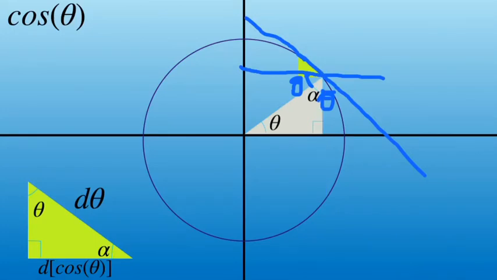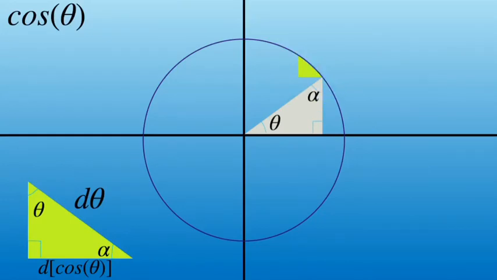And this must be alpha because this angle is theta, right? And since there is a 90 degree here as well, alpha plus theta is 90. So if this is theta, that must be alpha. And since this is a right triangle, alpha plus 90 equals theta, right? Doesn't that make sense?